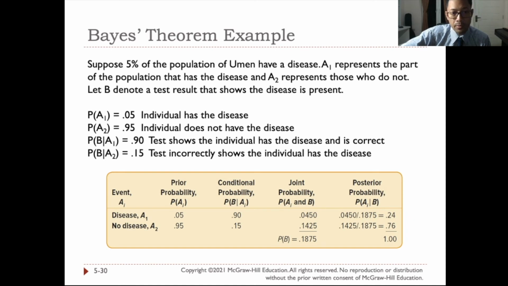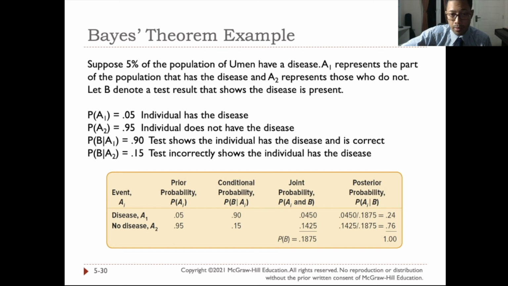In this particular case, the joint probability P of A1 and B is going to be 0.045, and the probability of A2 and B is going to be 0.1425. The probability of B is going to be the probability of A1 and B plus the probability of A2 and B, which is 0.1875. Let's take a look into the posterior probability.